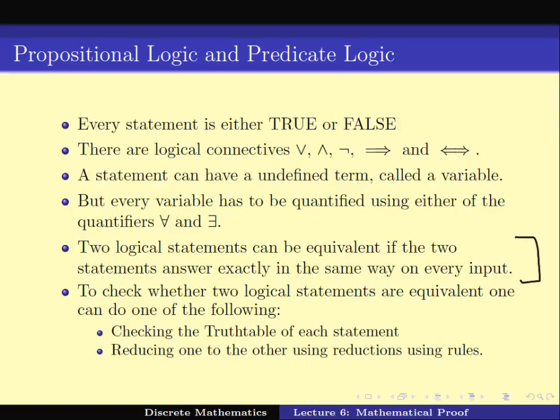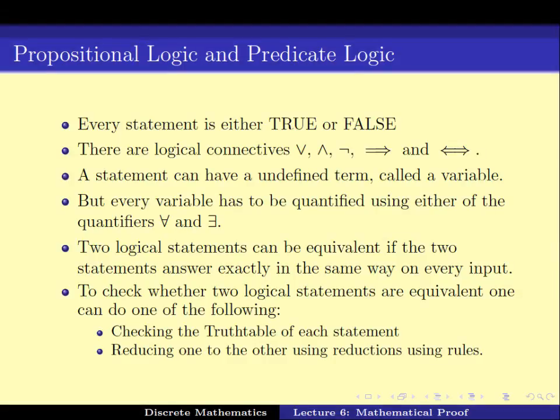Two logical statements are said to be equivalent if the two statements' answers are exactly equal on every input. And this can be checked either by using the truth table or by reducing one to the other by using some standard rules. I hope that you remember all this, the propositional logic and predicate logic that was done last week.